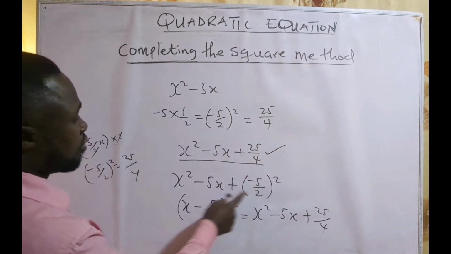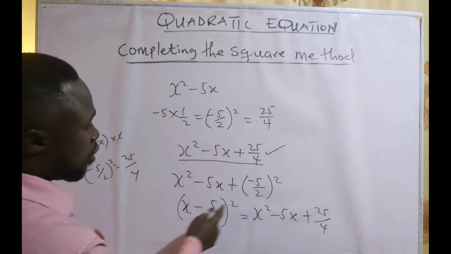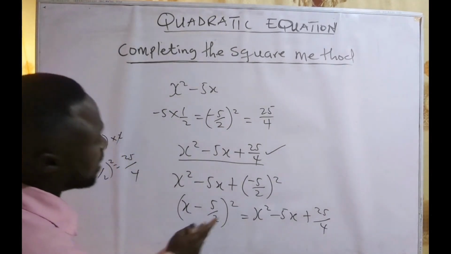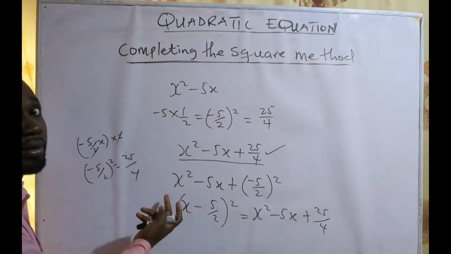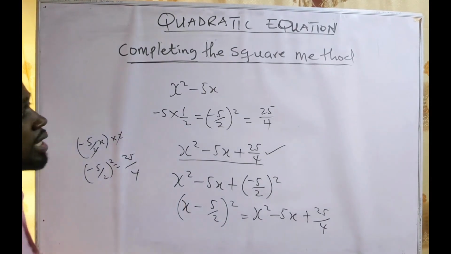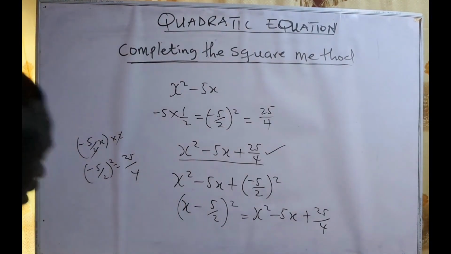So here it is minus 5 over 2, so it becomes x minus 5 over 2 all squared. And this expansion will give you the same result as this one. Is that okay? Yes. So that is what we do to complete a square.